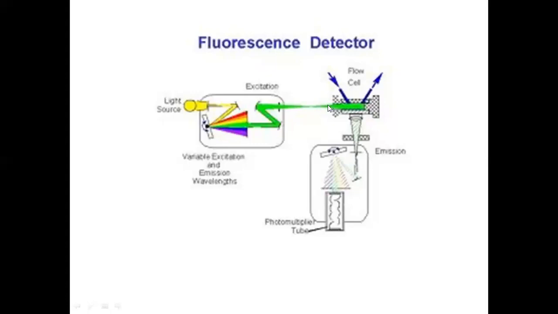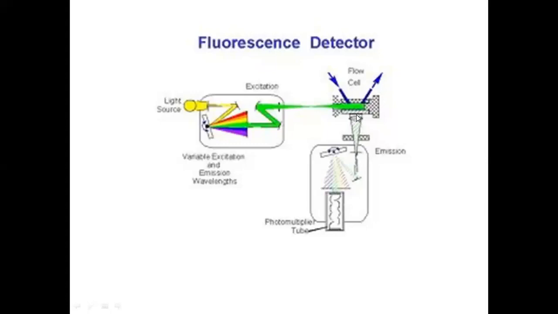As the light radiation is incident on the solute molecule, the solute will show excitation to the higher energy level. Here the energy level is presented. The solute will excite to the energy level and it will come back to the ground state by emitting the light radiation. That light radiation is called emission radiation.